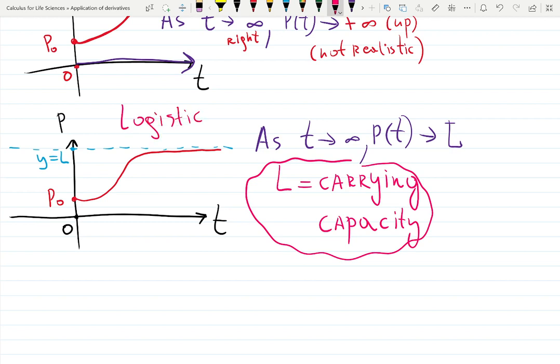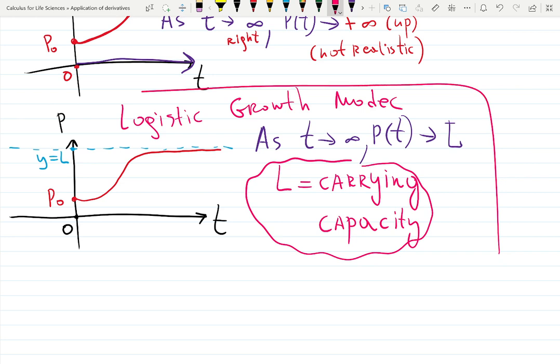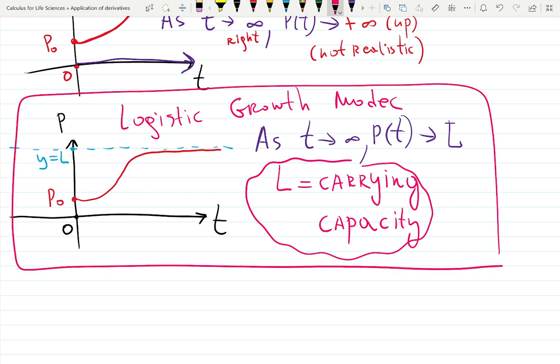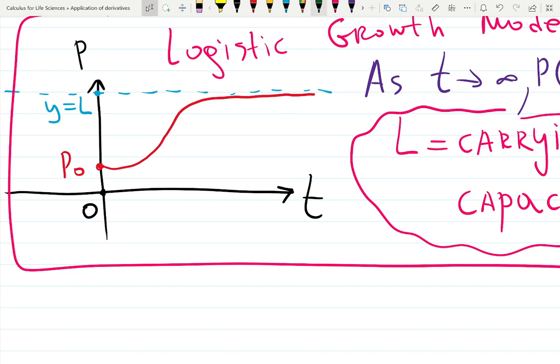Logistic growth model, which is more logical. It makes sense. When P is small, what is happening? At the small P over here, let me write it down.